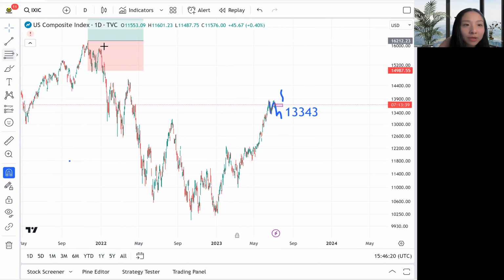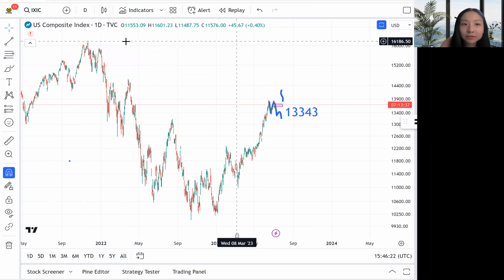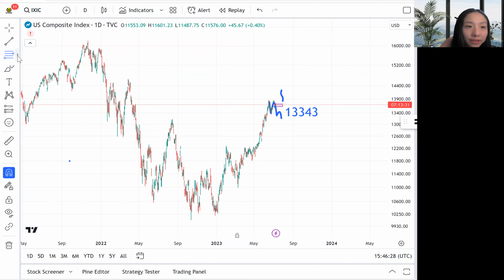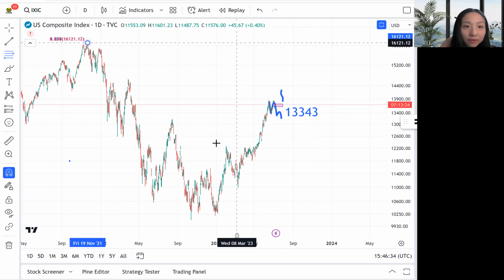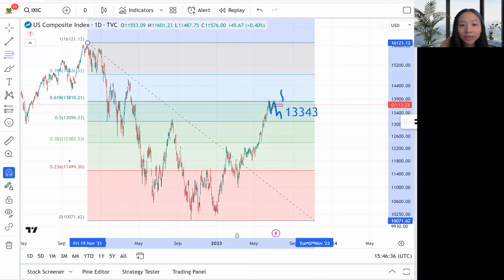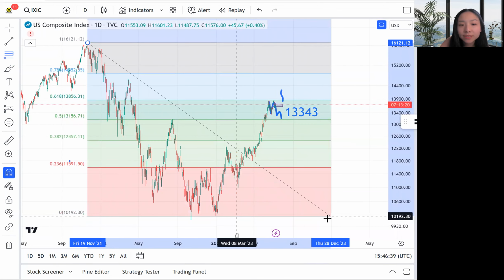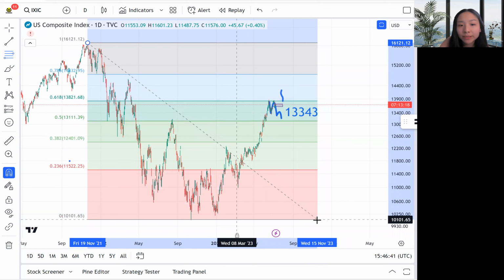Sorry, I made a mistake. It's here. You make a high here. Click this button, the first one, and draw the line to the lower point to see how far the rebound is.